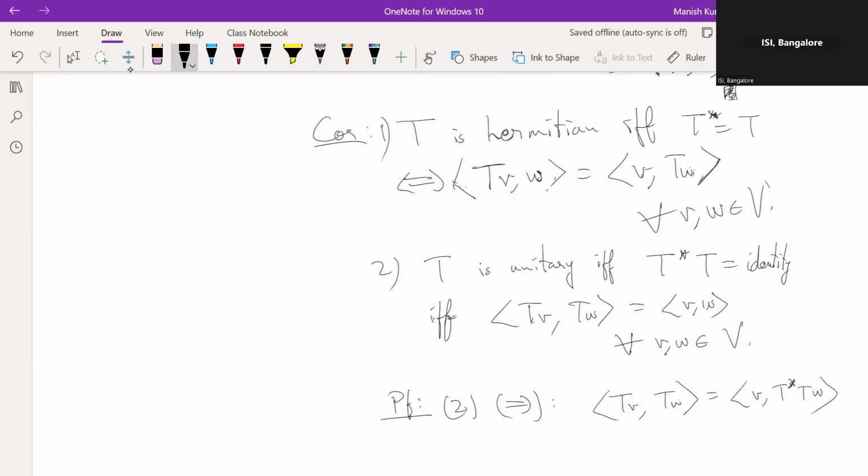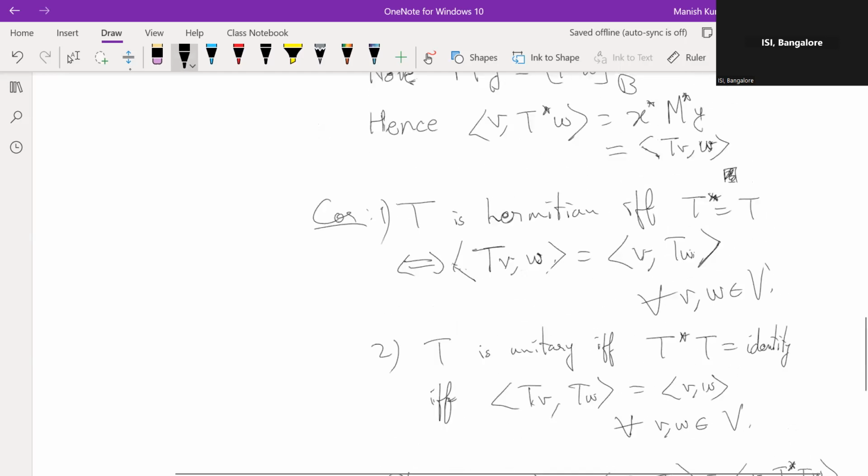We can move T to the other side, but T star T is identity because we are assuming T is unitary. So this is the same as VW. So this follows from the previous one. The forward directions are straightforward. Next time we will do the reverse direction. So maybe that's enough for today.